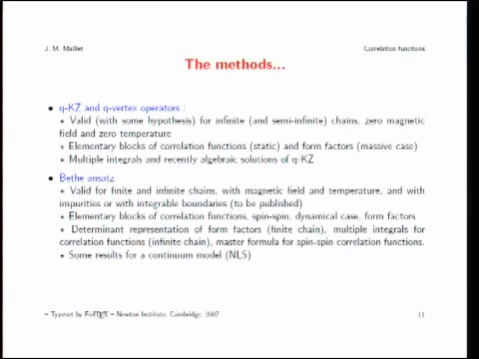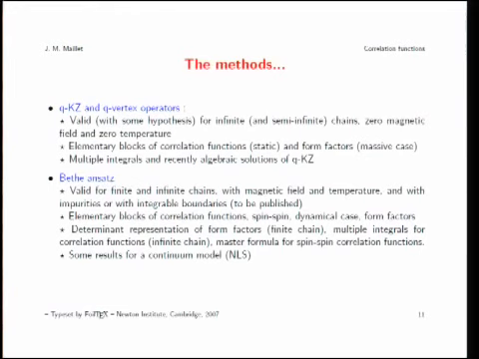So this is done in the infinite volume limit for zero magnetic field and zero temperature. It gives elementary blocks of correlation functions and form factors for the massive case in terms of multiple integrals, and there was some recent progress towards a more algebraic solution of these q-deformed Knizhnik-Zamolodchikov equations.